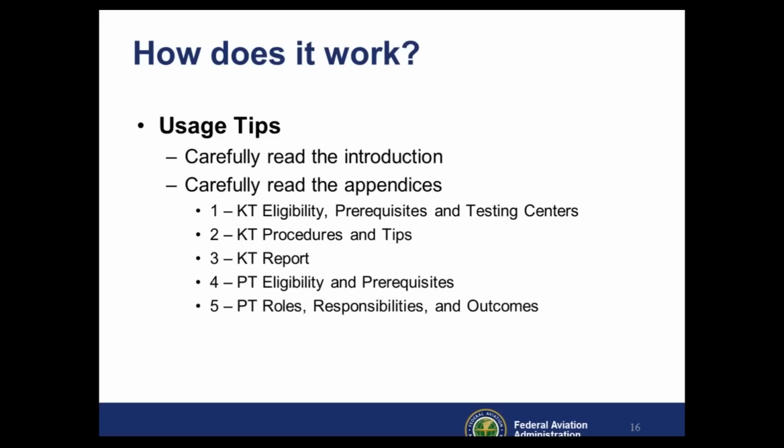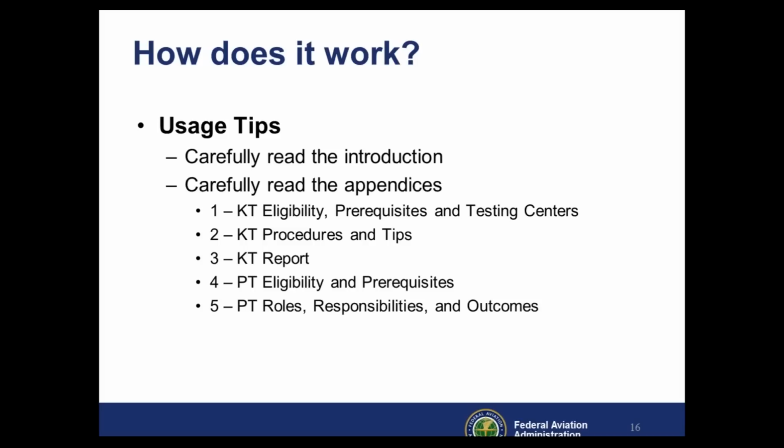Appendix 5 is where you want to slow down, where you want to start reading a bit more carefully. Practical test roles, responsibilities, and outcomes. This is the same section that used to be in the introduction, which explained what is satisfactory performance. What type of action would make a Checkride be unsatisfactory? And this is where it's explained.